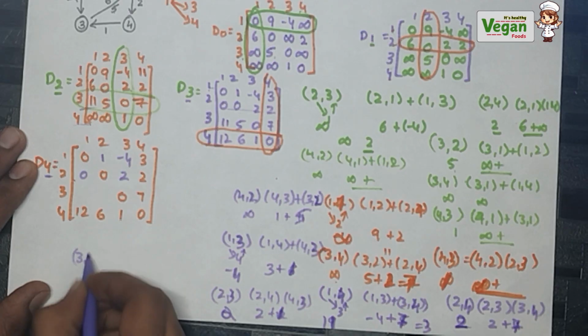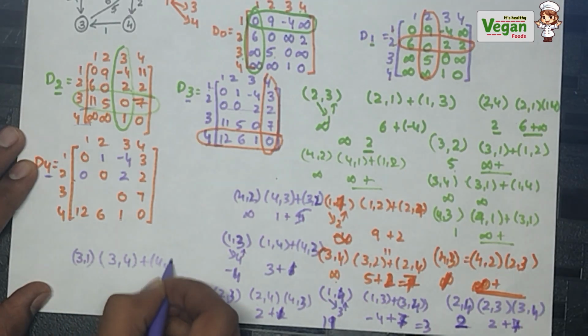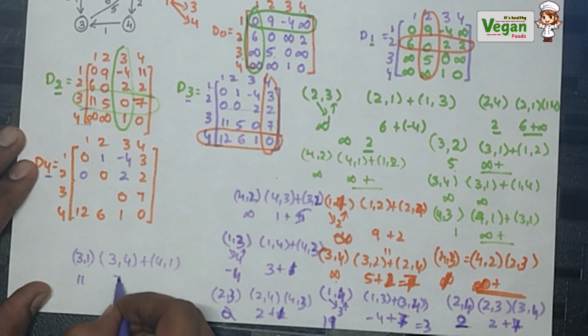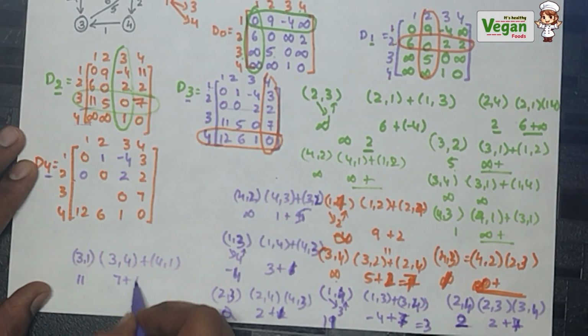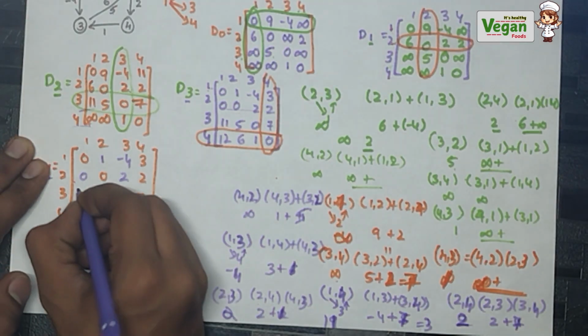Now we are left with only 2 elements, that is 3 comma 1. If you consider 3 comma 1, we must be going from 3 comma 4 plus 4 comma 1. 3 comma 1 value is 11. 3 comma 4 value is 7 plus 4 comma 1 value is 12. So 12 plus 7 is 19. Among 19 and 11, the smallest one will be 11. So write 11.